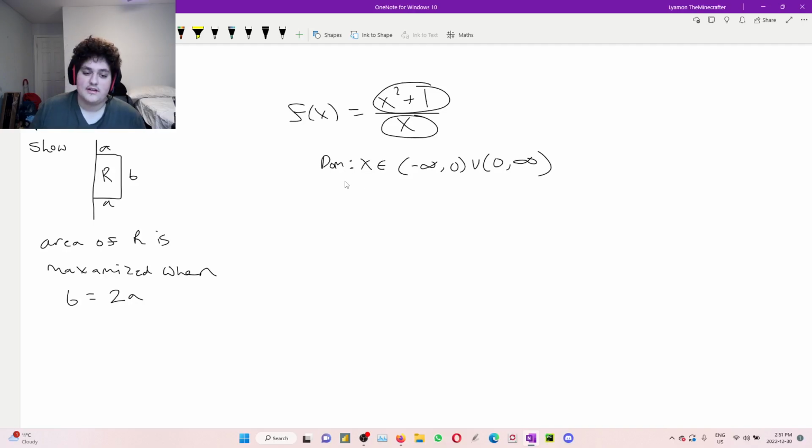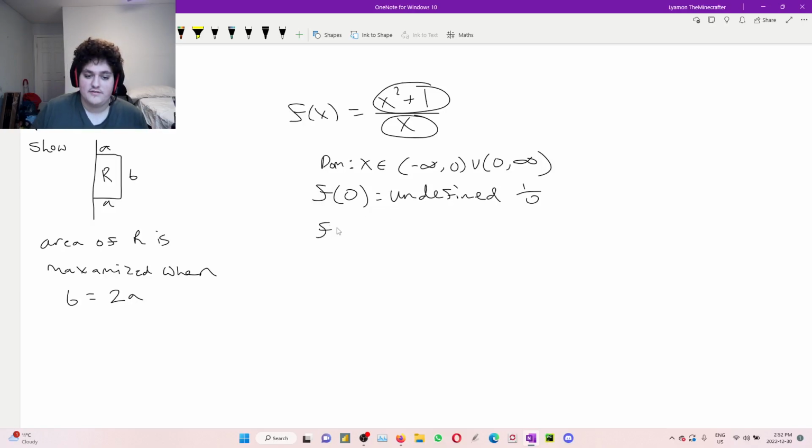Now we can look at our range, although that might be a little bit difficult, so we can leave that. The range isn't very important. We can look at x-intercepts and y-intercepts. The y-intercept is f of 0, which is undefined, since it's division by 0. 1 over 0, right?